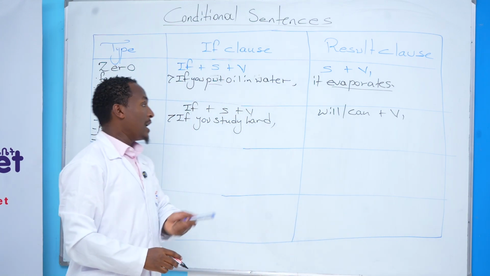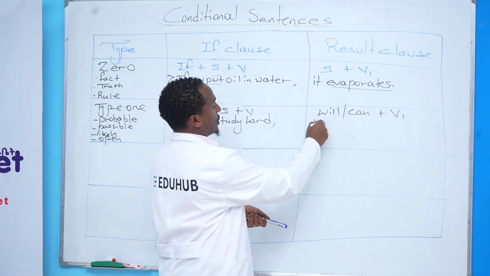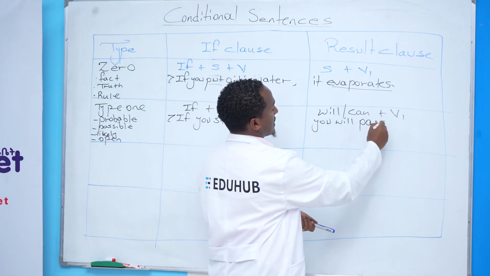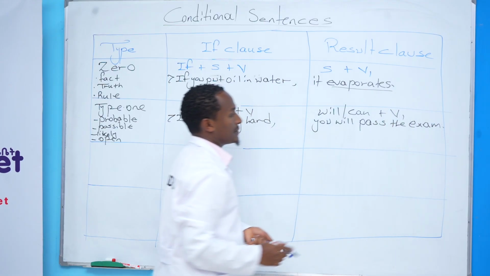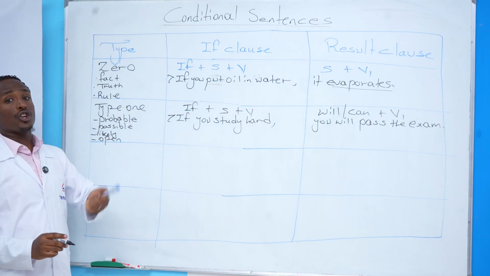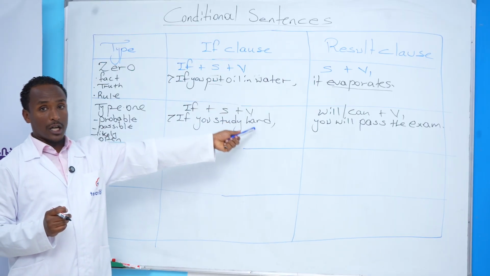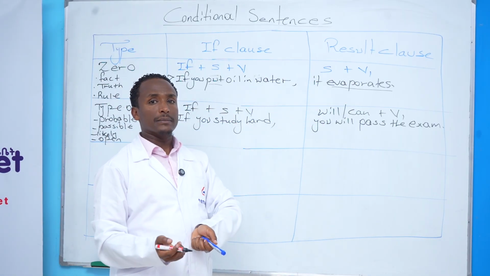If you study hard, you will pass the exam. The meaning of conditional type 1 is, I know you study hard, then you will pass the exam. Okay?